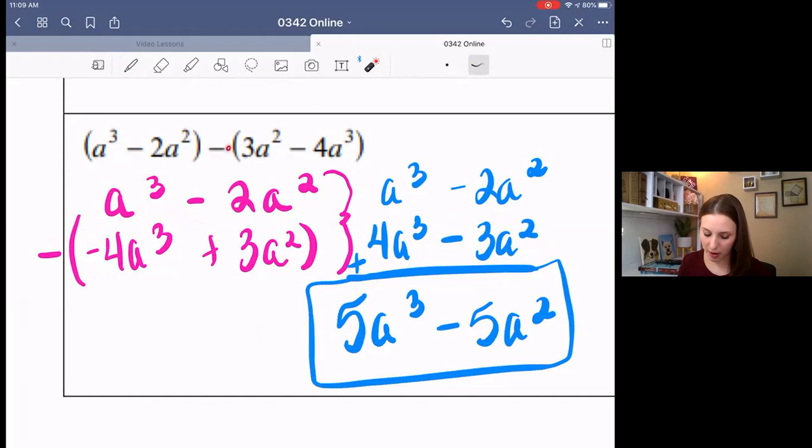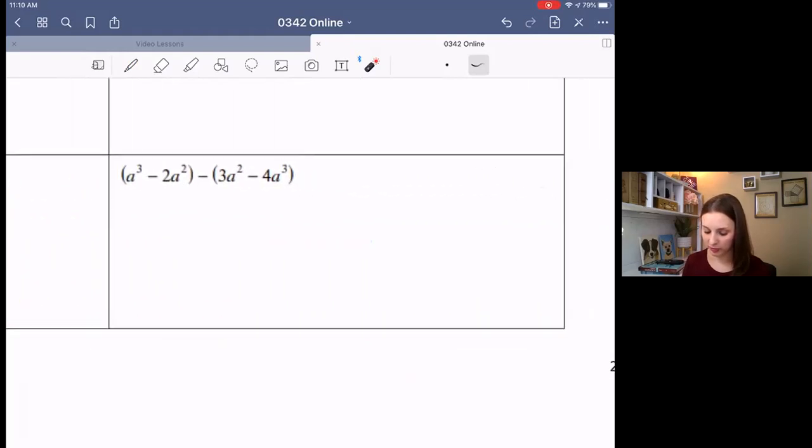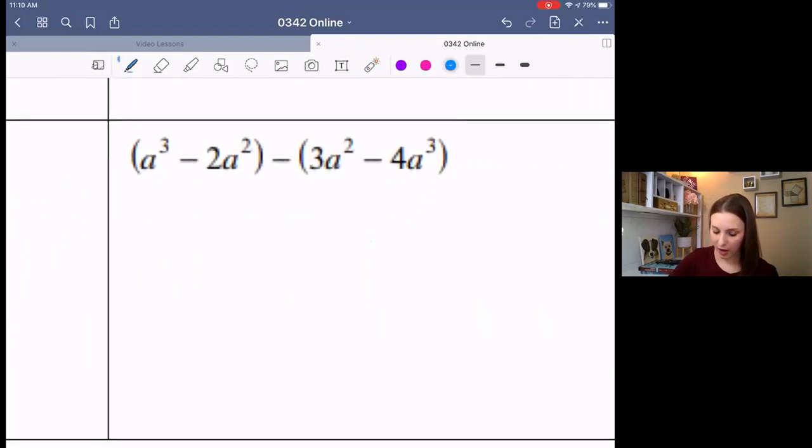So this minus indicates that I'm subtracting the whole parentheses. So I'm subtracting both terms, which changes the signs of each term. And then horizontally, I'm going to subtract both terms. So I have a to the third minus 2a squared. That one's fine.